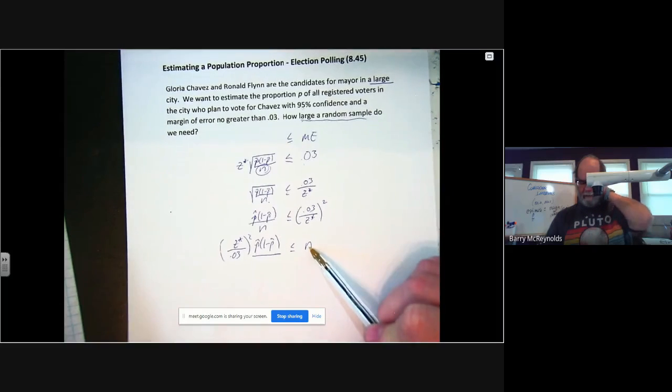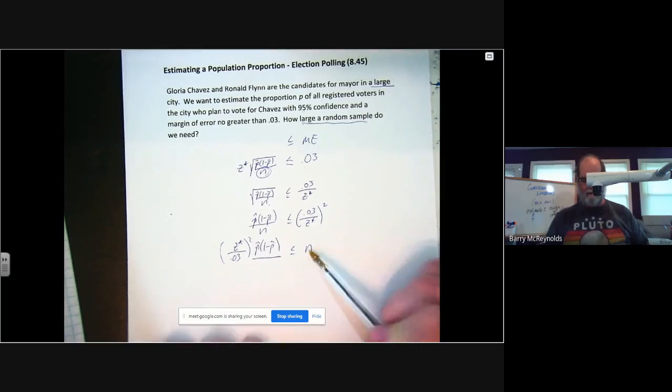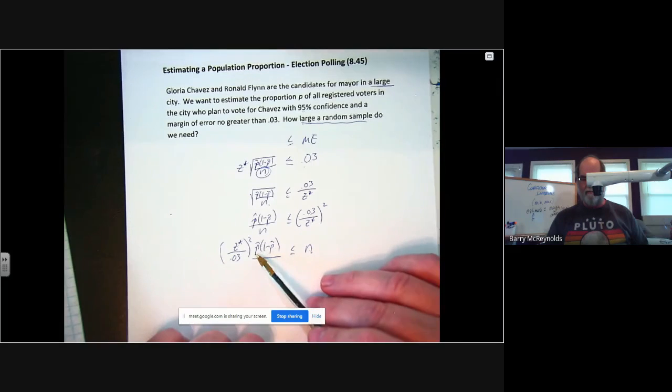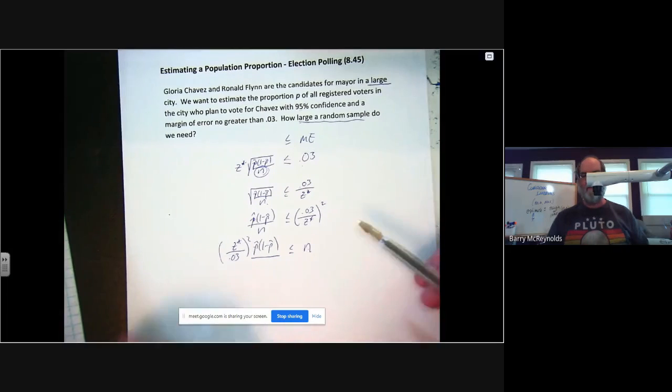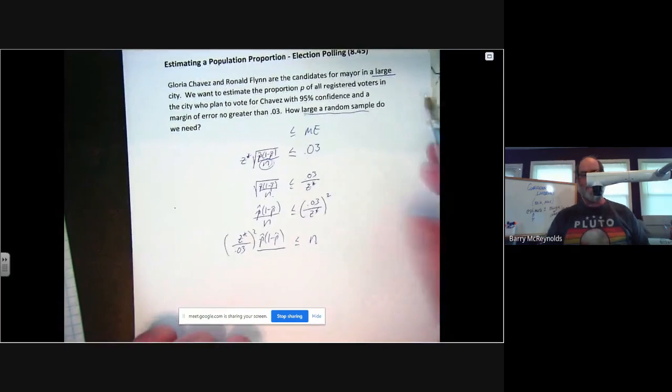So I'm kind of caught here between the hammer and the anvil. I need to find n, but in order to find n, I've got to have p hat. In order to get p hat, I have to have n. So I'm kind of caught in the middle. So what do I do here?